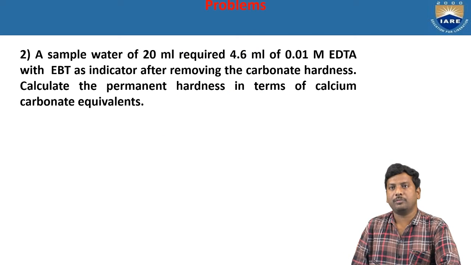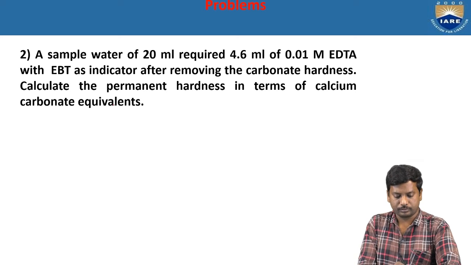Next problem: a sample of water, 20 ml, required 4.6 ml of 0.01 molar EDTA with EBT as indicator after removing the carbonate hardness. That means calculate the permanent hardness in terms of the calcium carbonate equivalence.